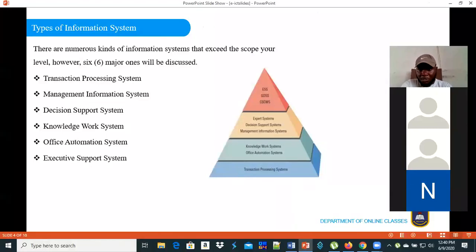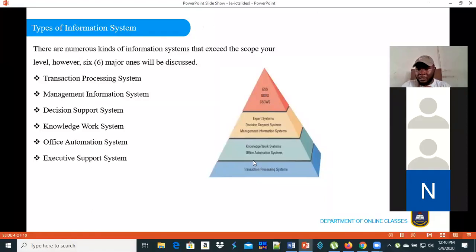Then you have the office automation system, the knowledge work system, the management information system, and then the decision support system. Then you move to the top, where you see the ESS, which is the executive support system.